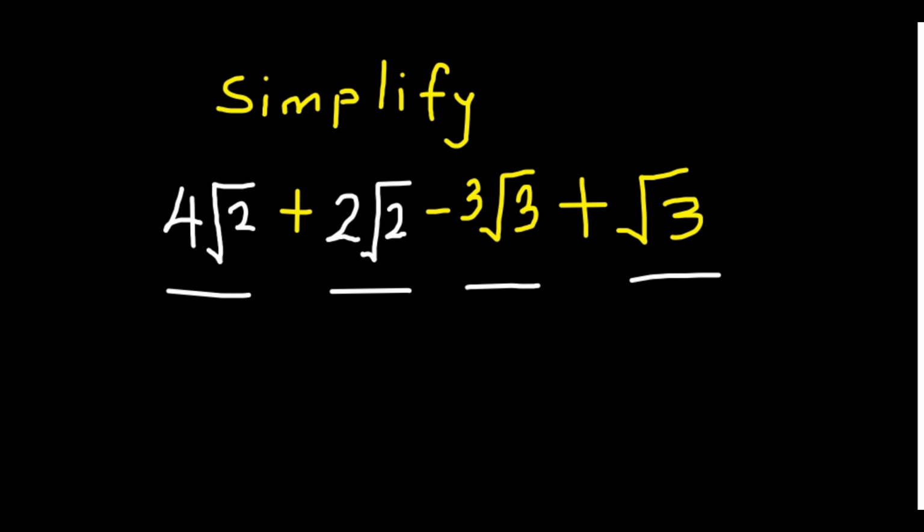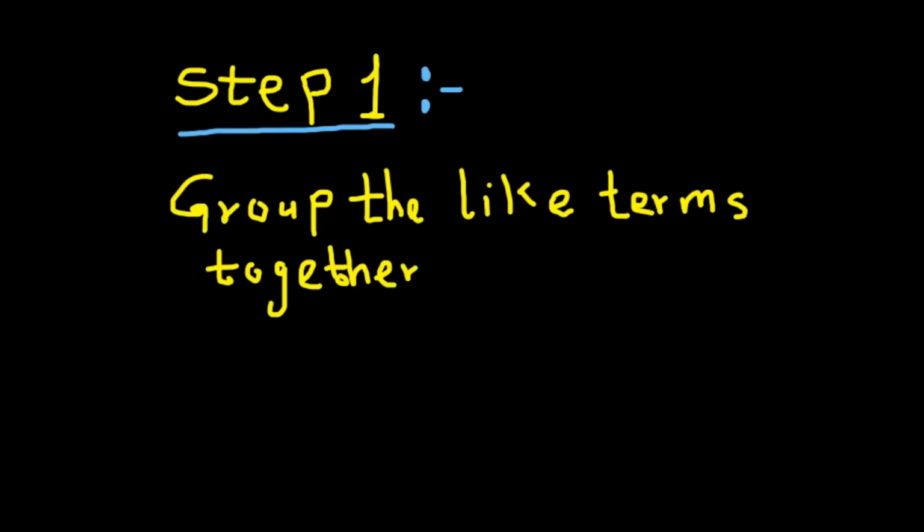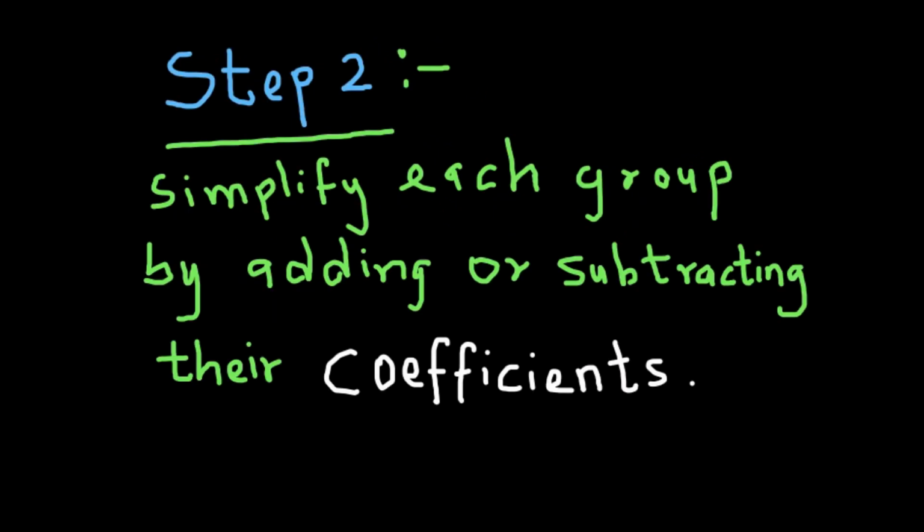First is to group the like terms. Then for the second step, we need to simplify each group by adding or subtracting the coefficients. If we are able to fulfill these 2 steps, then arriving at the right answer is surely an easy approach.